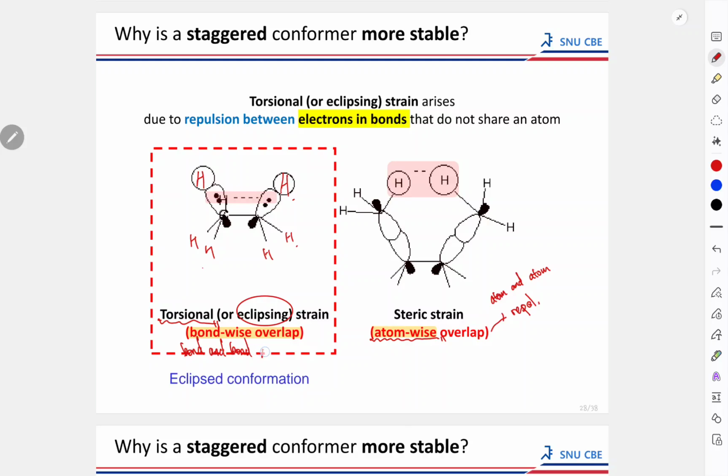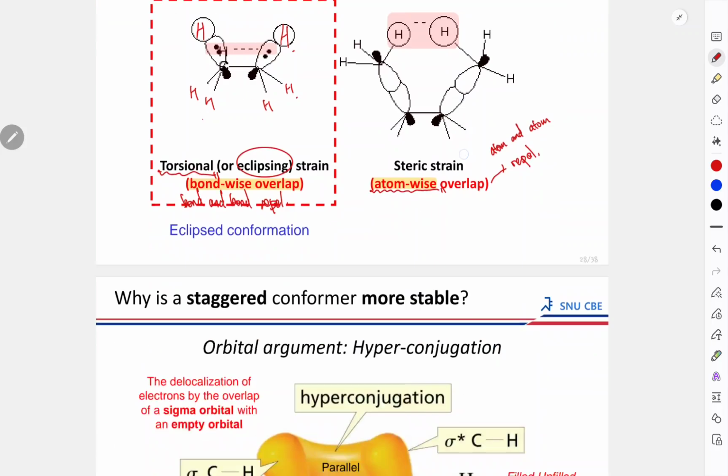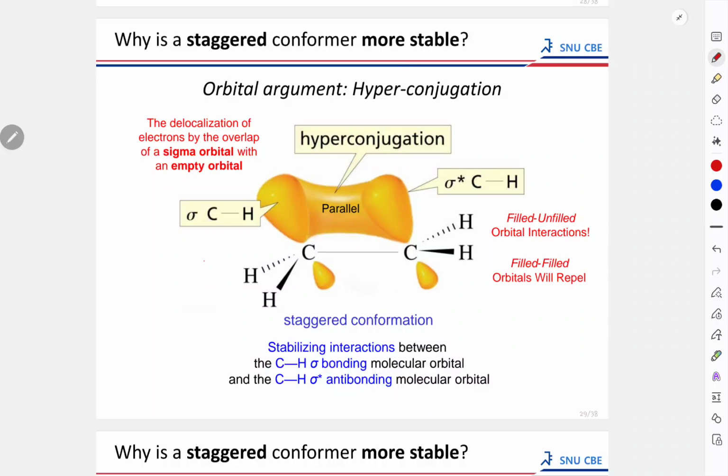And we also discussed the hyperconjugation effect. Hyperconjugation is basically delocalization of electrons by overlap of a sigma orbital with an empty orbital. So we take this example. This is again the side view for the staggered conformer of ethane.